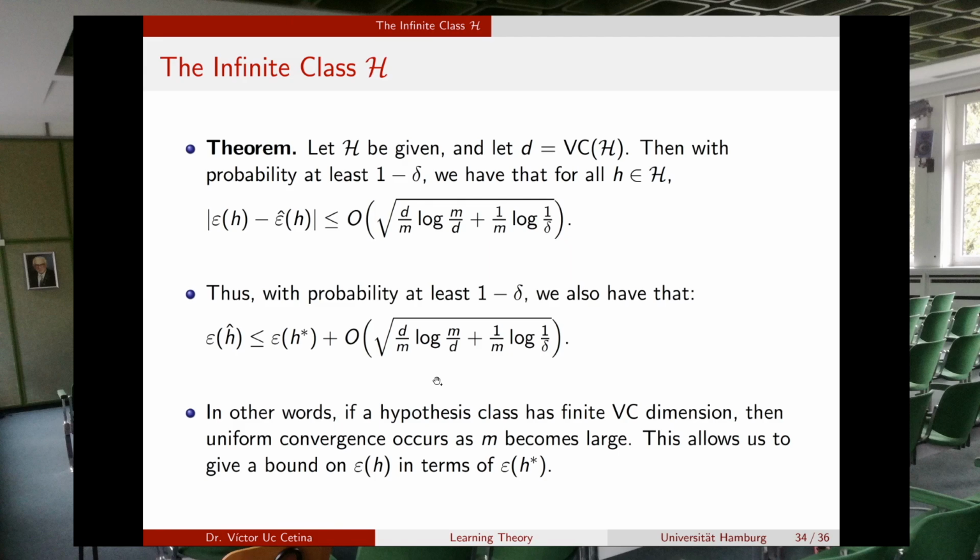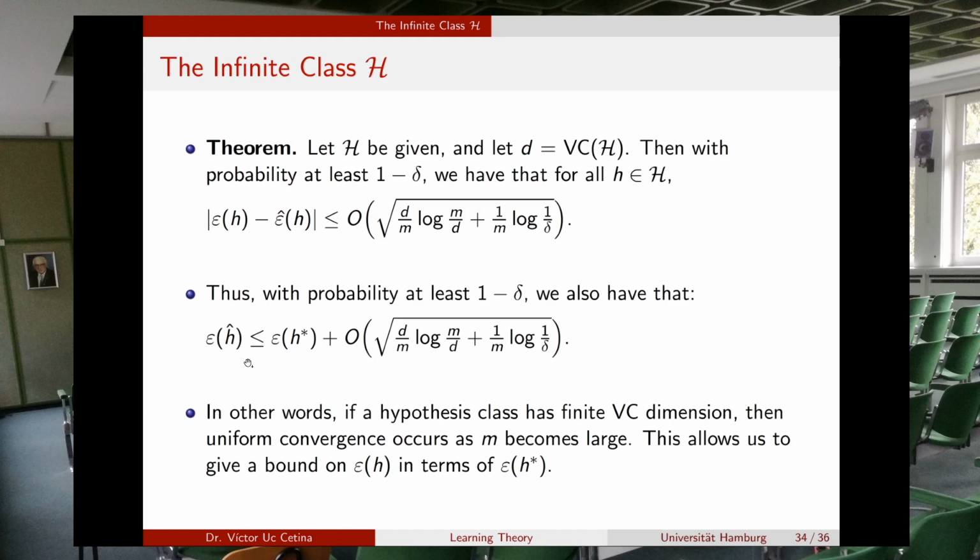So in other words, if a hypothesis class has finite VC dimension, then uniform convergence occurs as m becomes large. This allows us to give a bound, or to relate the generalization error and the error of the best hypothesis that we can find.